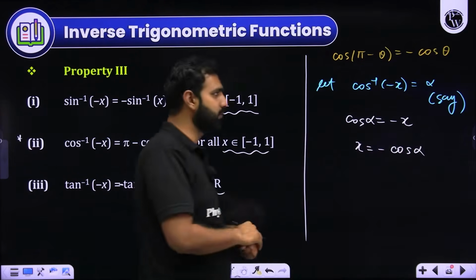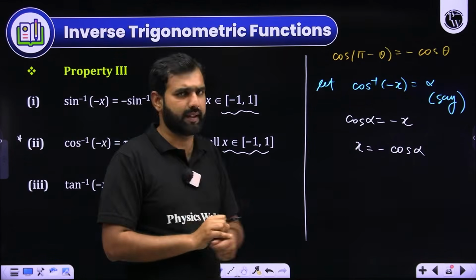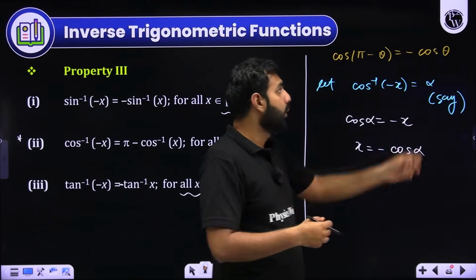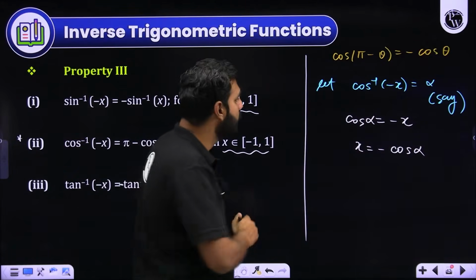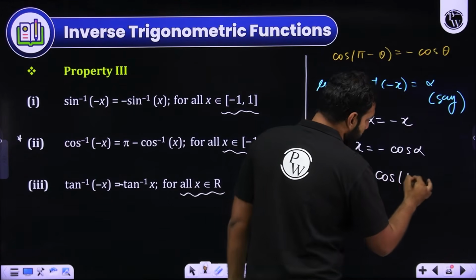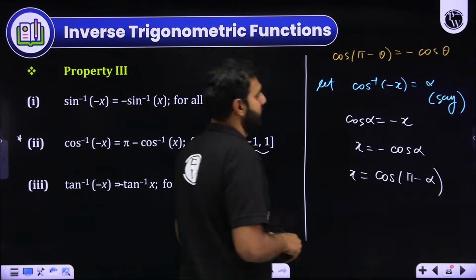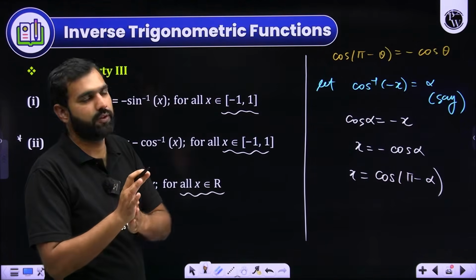Now, we know minus cos alpha can be written as cos(pi minus alpha). So x we have written as cos(pi minus alpha). Did you get that part?